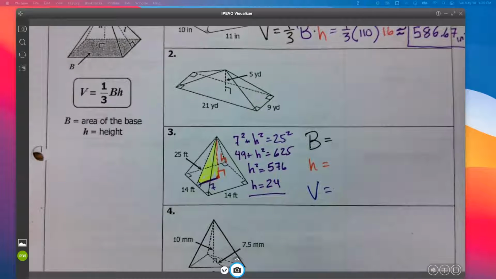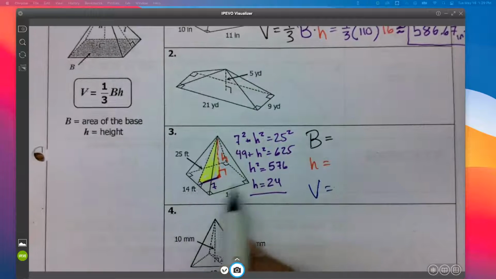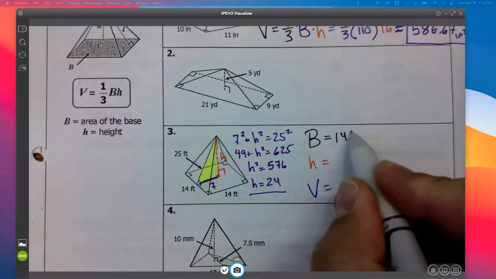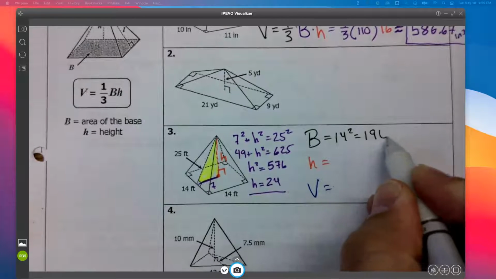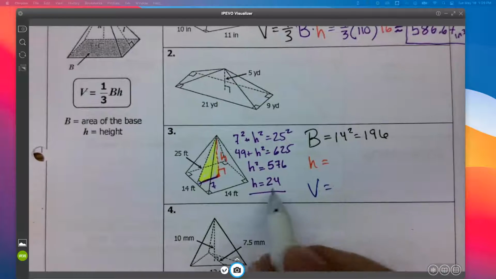Now we'll fill in our B, H, and V. So to find my B, that's going to be this square base. The way I find the area of a square is 14 times 14, which is 196. What's my H? 24. Good.